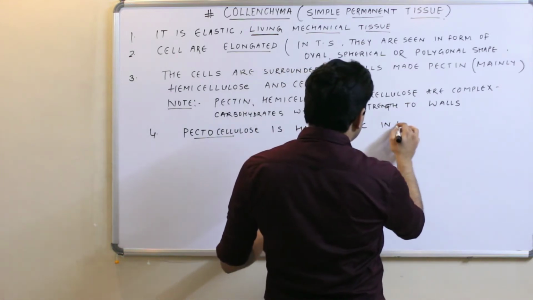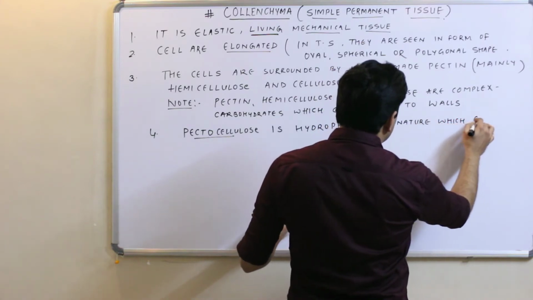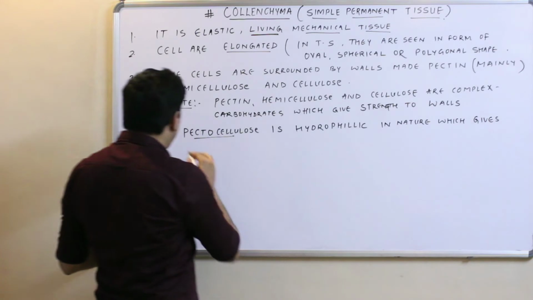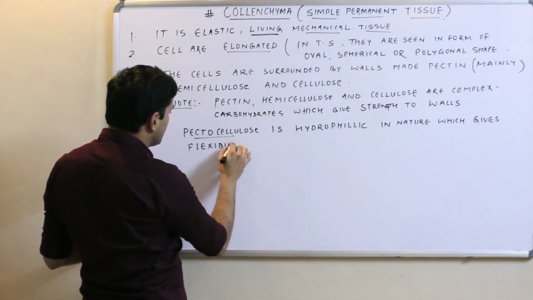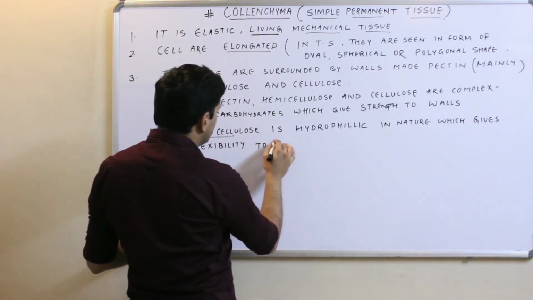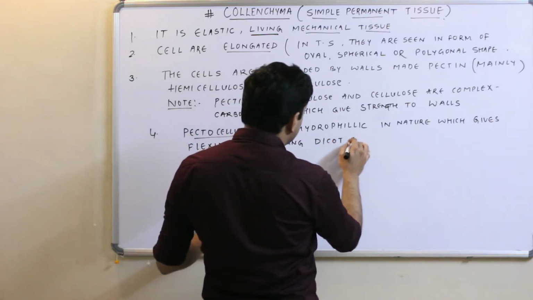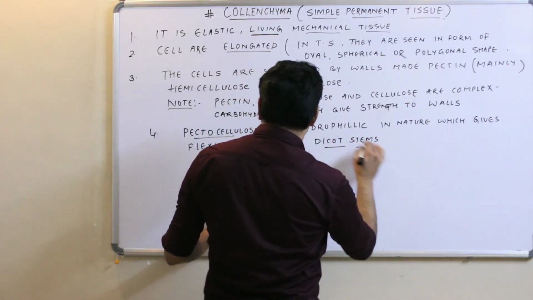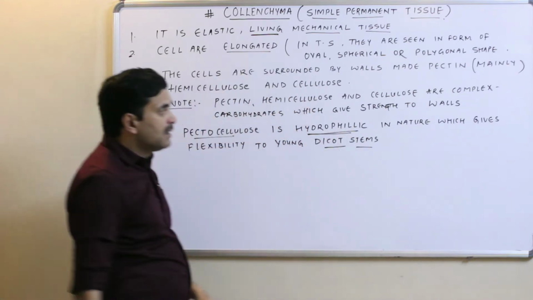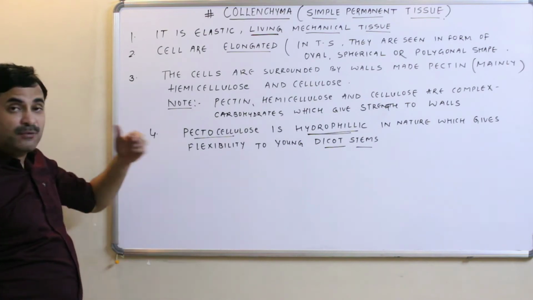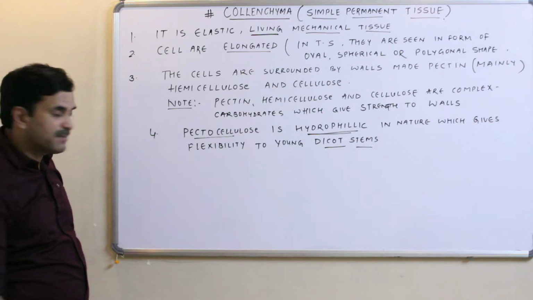Pectocellulose is hydrophilic in nature, which gives flexibility to young dicot stems. Hydrophilic means water loving, which gives flexibility to the young dicot stems.